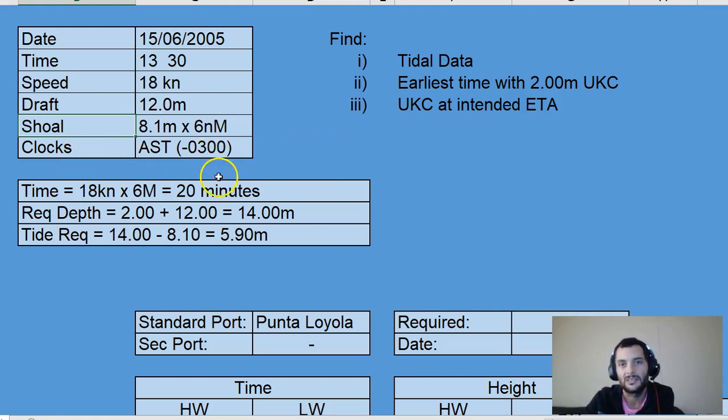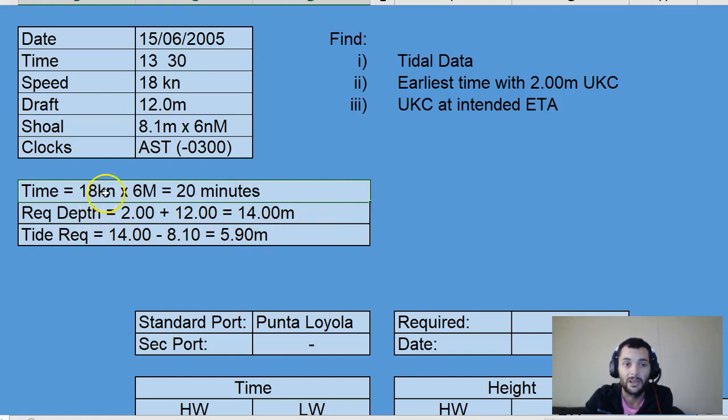And then the ship's clock is set to GMT -3, and that'll be for Argentinian Standard Time. So the first thing we need to do before we can actually start calculating tidal information is to see the time that it will take for us to get to the shoal.